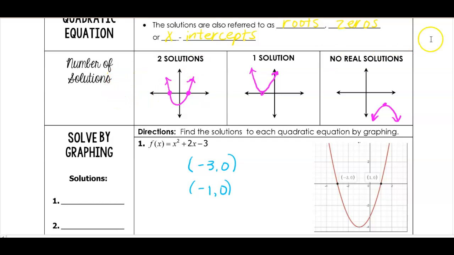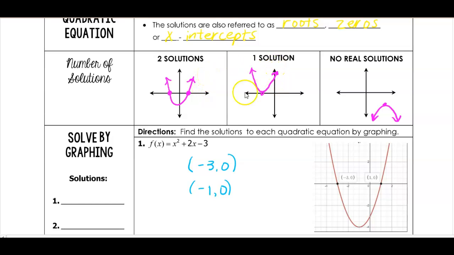So we have this row of number of solutions, and we've talked about this at various points of our unit so far, but you have 3 options. 2 solutions would be where your parabola intersects the x-axis in exactly 2 points, and that's typical from our solving quadratics by factoring.